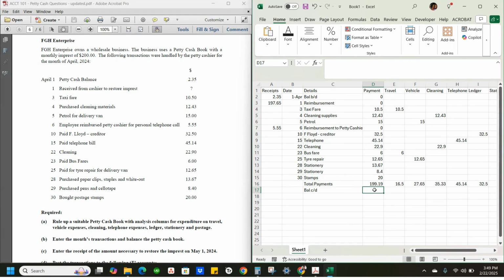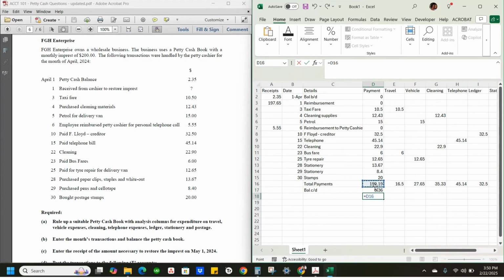So our balance carried down would be the difference between the total of all the receipts minus the total payments. Let's do that quickly. You're summing everything in your receipts column, and we want to take from that our total payments, which is that. So $6.36 is our balance carried down.